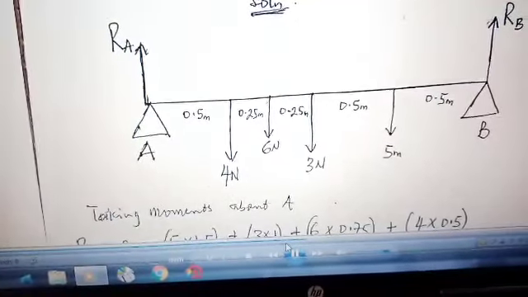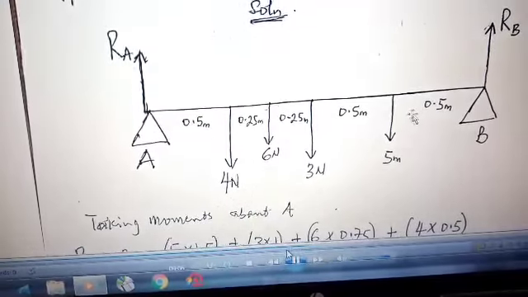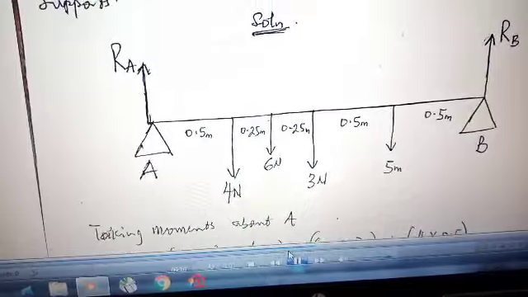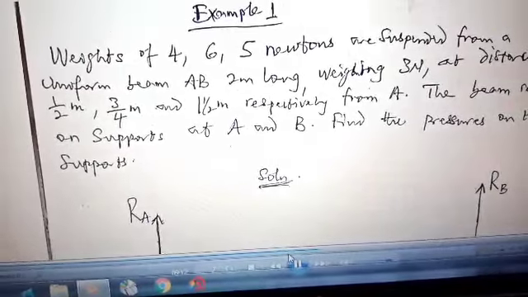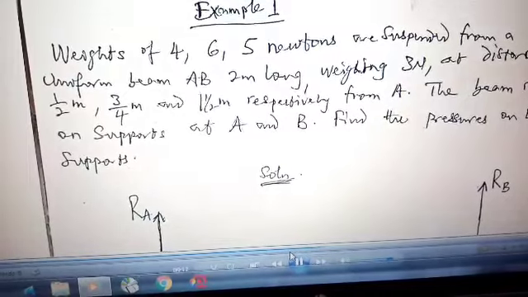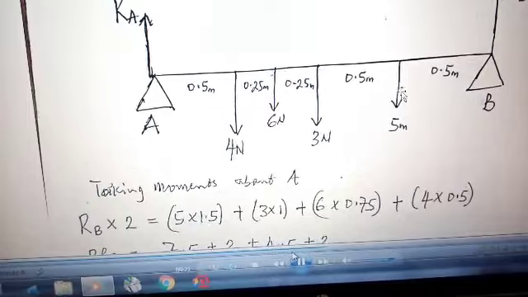Then we are also told that the other force, which is 5 newtons, is 1.5 meters away from A. This is the 5 newton force.